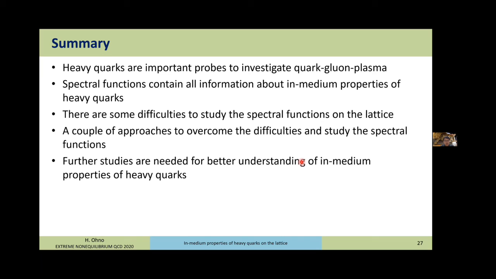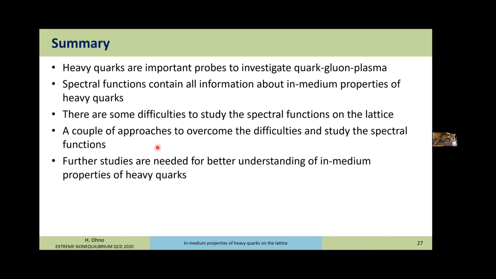But unfortunately, there are some difficulties to study the spectral function on the lattice, but there are a couple of approaches to overcome these difficulties. And there are a lot of results for the spectral functions already.